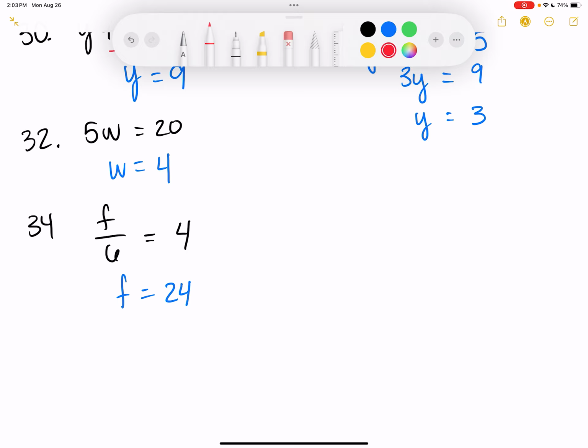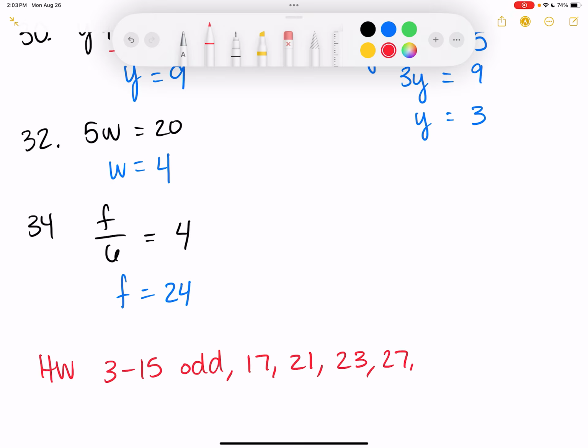All right, you need to do 3 through 15 odd, and then 17, 21, 23, and 27.